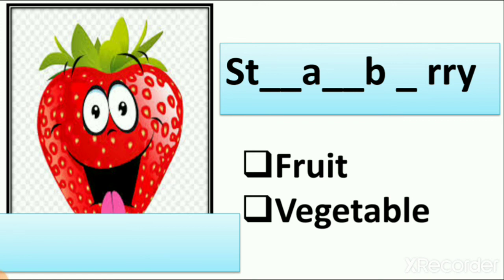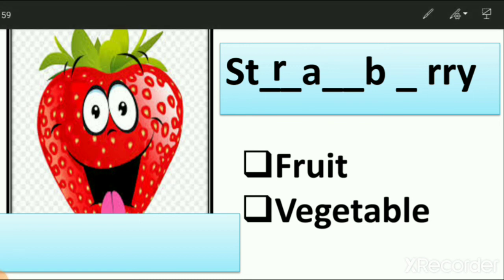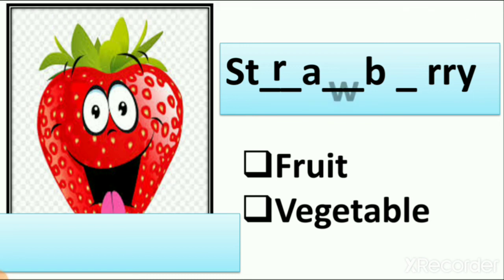So let's write S, T, then which letter is missing? R. So we write here R. Then W is missing. So we write here W. So what is the spelling?